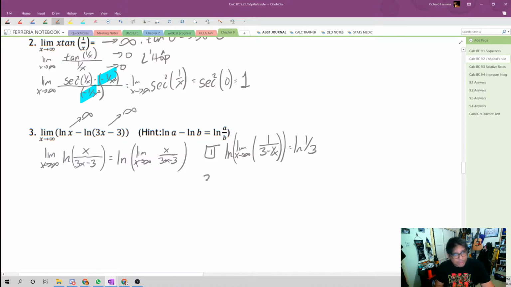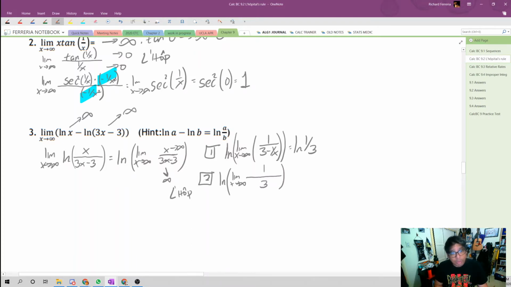Or option 2, you could use L'Hopital's rule, because this is infinity over infinity. So option 2, natural log of the limit as x approaches infinity. Now the derivative of x is 1, and the derivative of 3x minus 3 is 3.